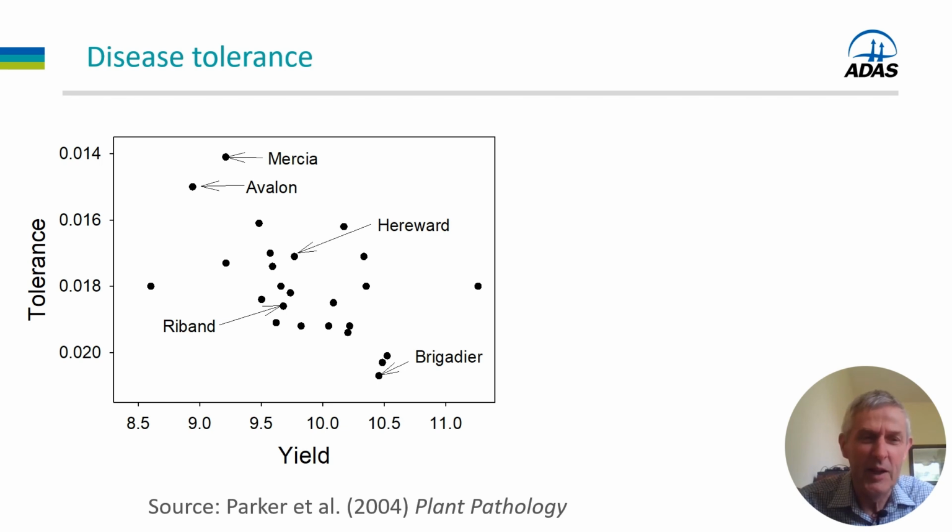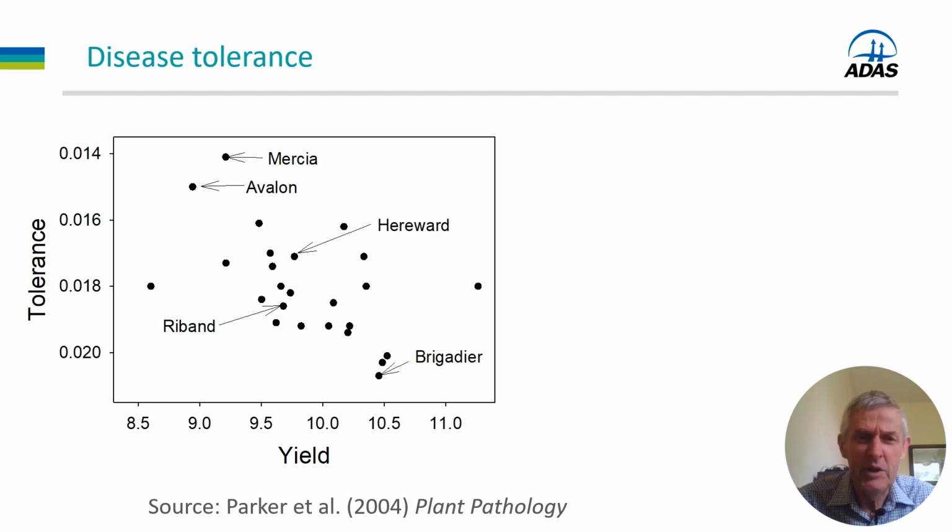And you'll see that the numbers get bigger as we go down, because as we saw, the steeper the slope, the lower the tolerance. So the varieties on the top of this diagram are exhibiting good tolerance, and the varieties at the bottom are exhibiting poor tolerance of disease.